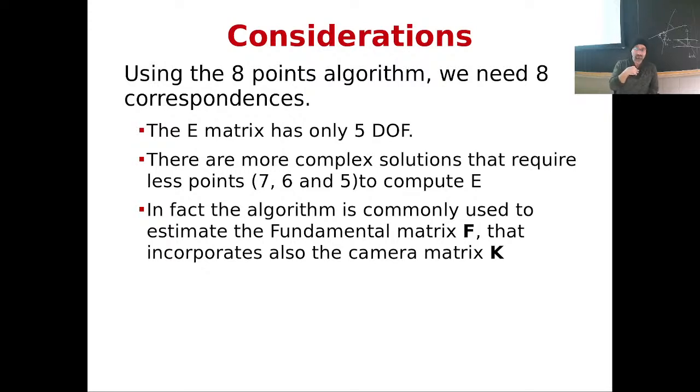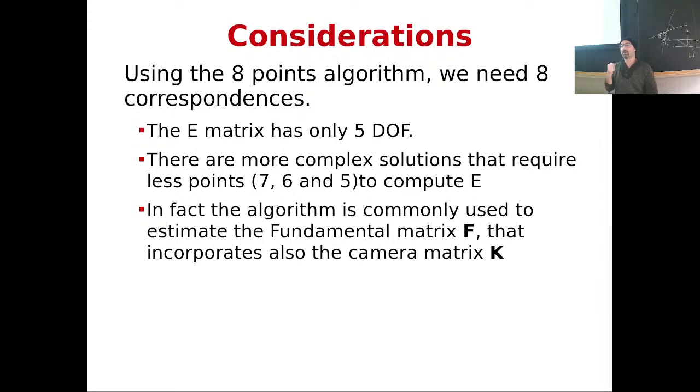The point is that the 5-point algorithm is really complicated. It's a complicated derivation, and it requires solving a 10-degree polynomial equation. I never really understood it, I have to say. There are simpler solutions that require 7 or 6 points. For now, in this course, which is not a computer vision course, we are happy with the 8-point algorithm, requiring 8 correspondences to find the E matrix.